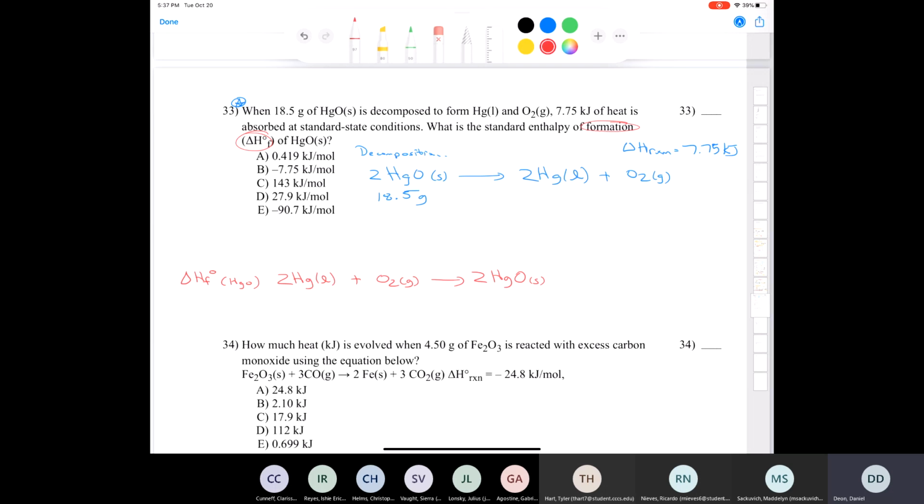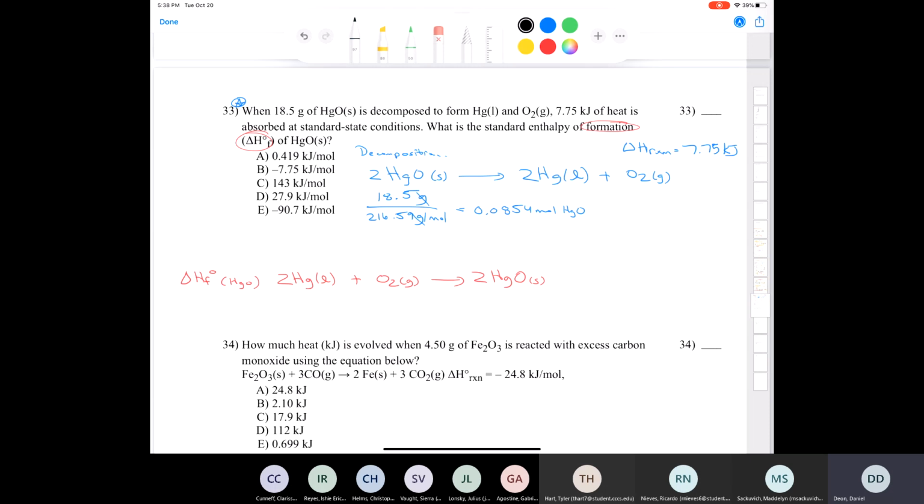And we know that in 18.5 grams of mercuric oxide, since the molar mass of mercuric oxide is 216.59 grams per mole, and I went ahead and calculated that already, we have 0.0854 moles of HgO.